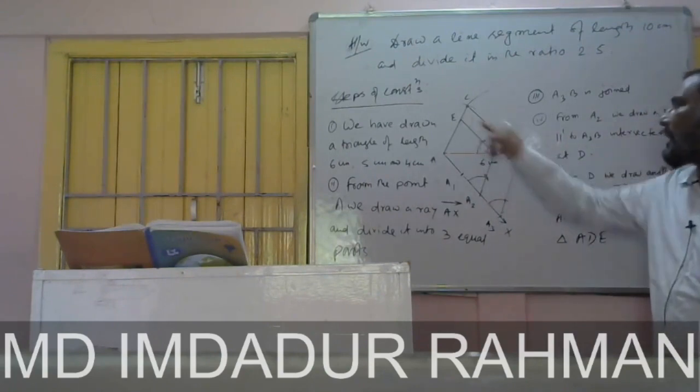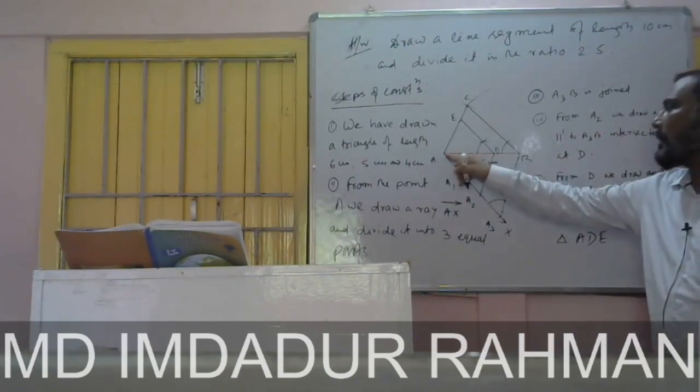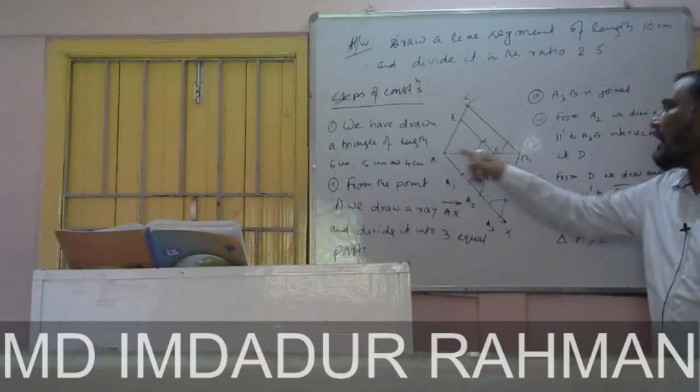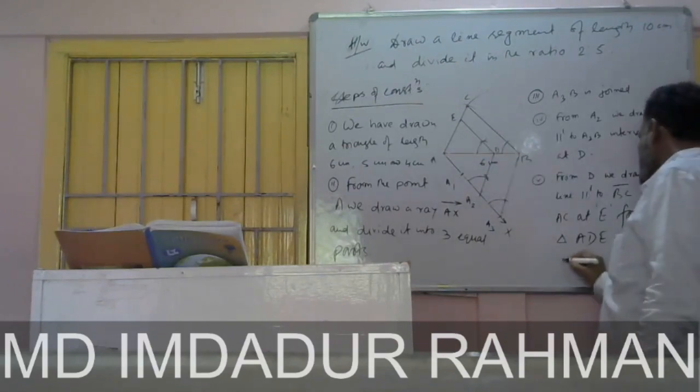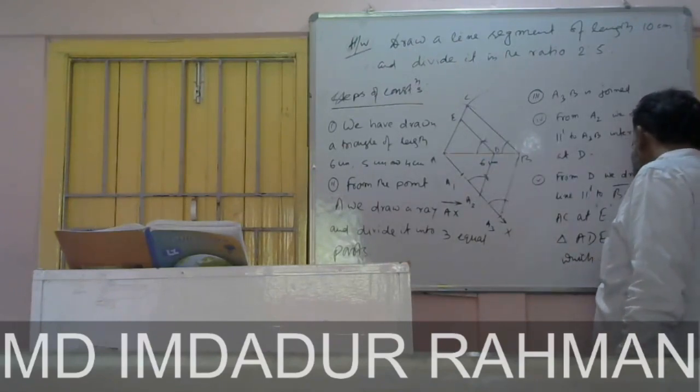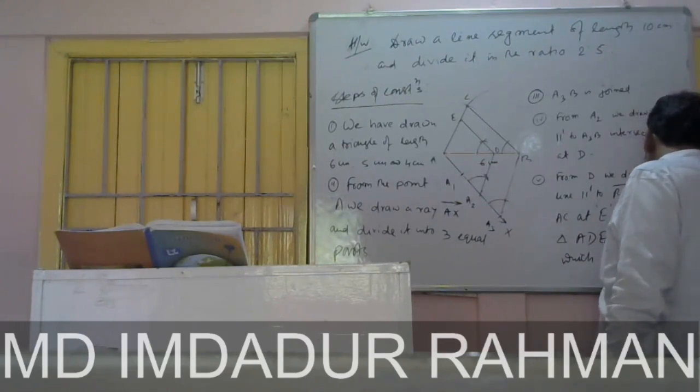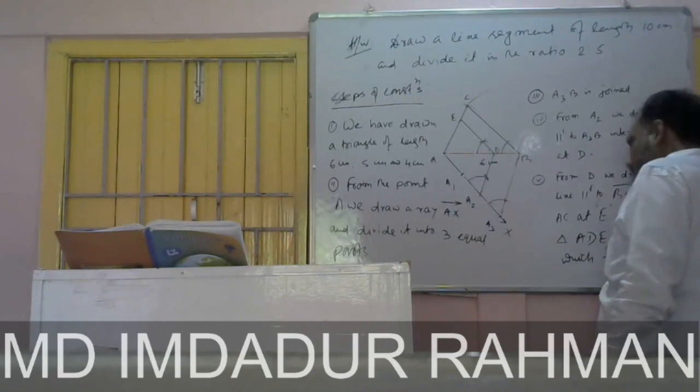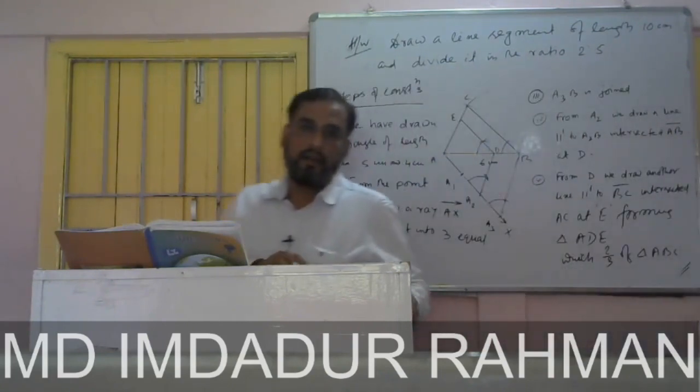After joining this parallel line, we have got the triangle ADE, which is 2/3 of triangle ABC. This is your construction.